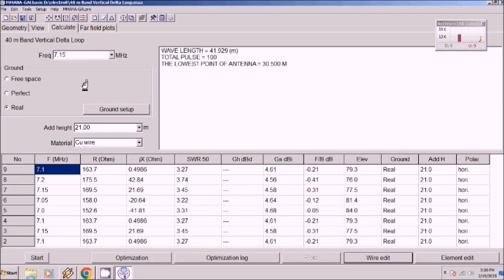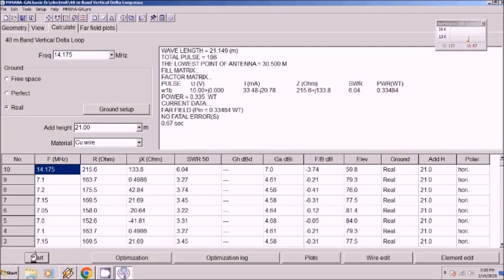Just change the frequency to the center frequency of the 20-meter band, that is 14.175 megahertz. Still the same variables, still the same dimension. We simulate.